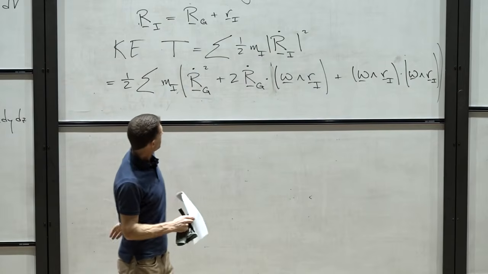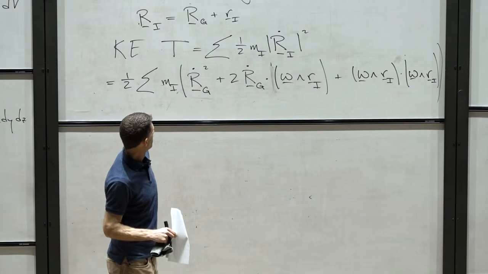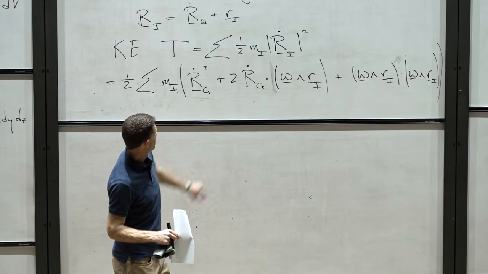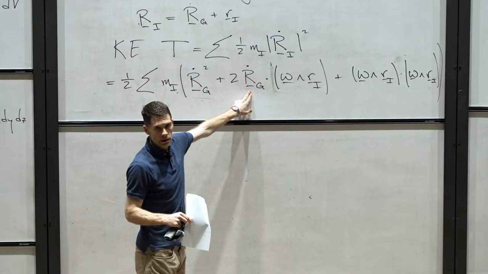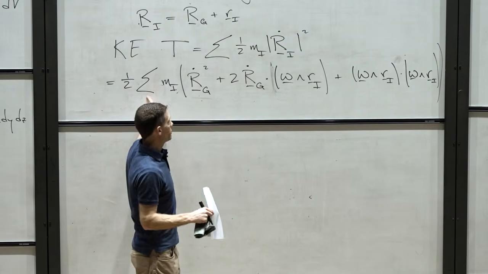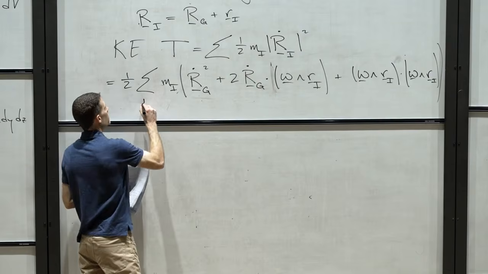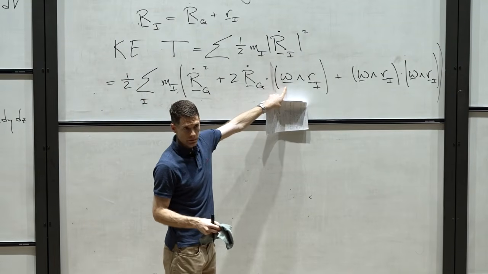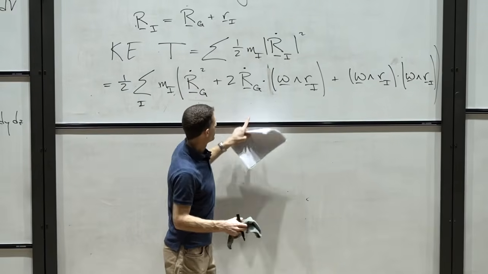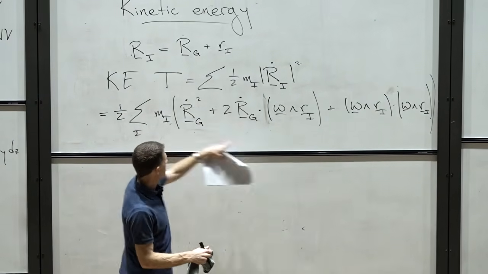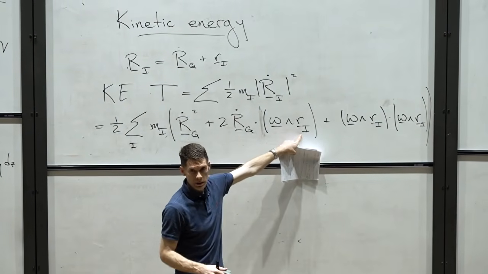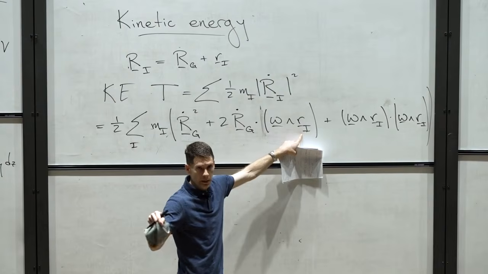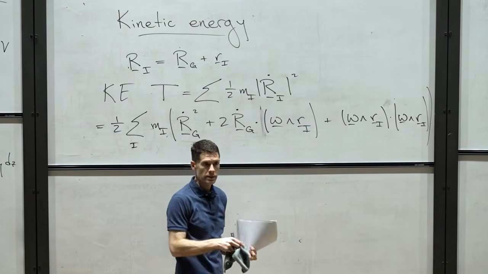The middle term: the key to the middle term is that R_g is independent of our sum over the i's. Omega is also independent of that sum. So the only thing that's seeing the sum is the m_i r_i, but we saw last time that the sum of m_i r_i is 0 because it's the center of mass.